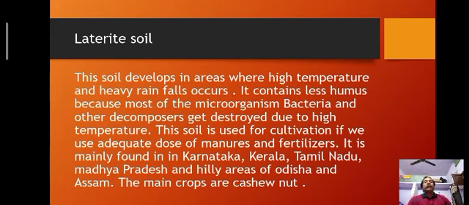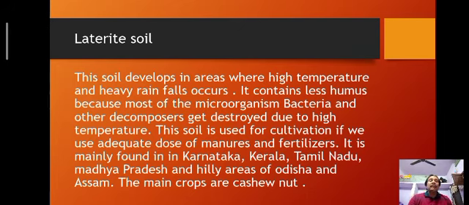It is mainly found in Karnataka, Kerala, Tamil Nadu, Madhya Pradesh and hilly areas of Odisha and Assam. As we know, these southern states such as Karnataka, Kerala, Tamil Nadu and some parts of Madhya Pradesh are capable of producing huge amounts of rubber, tea, and coffee.